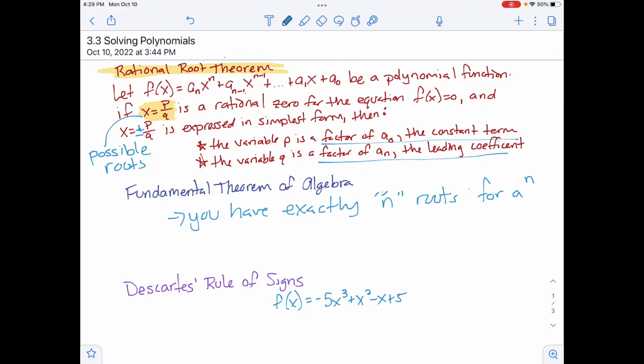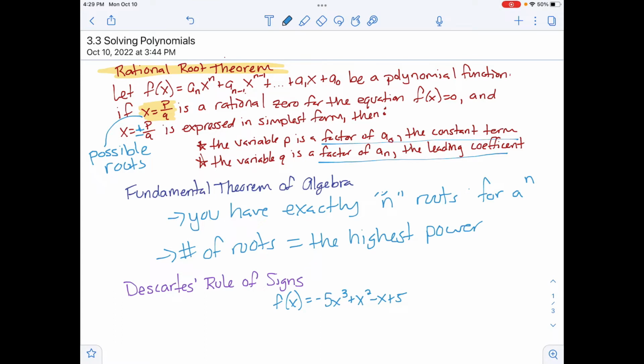Okay, now what does that mean? That means the number of roots is the same as or equal to the highest power. So if you have an x to the fourth polynomial, you have 4 roots.